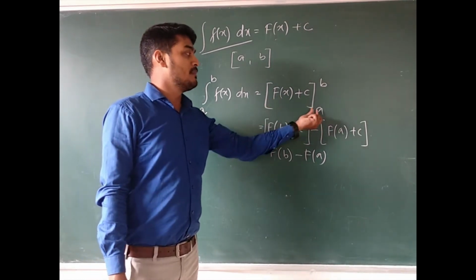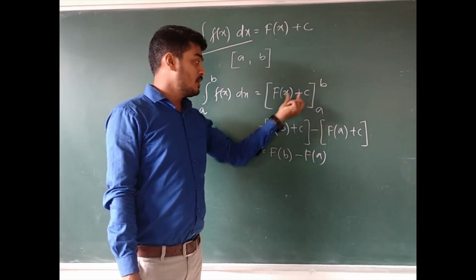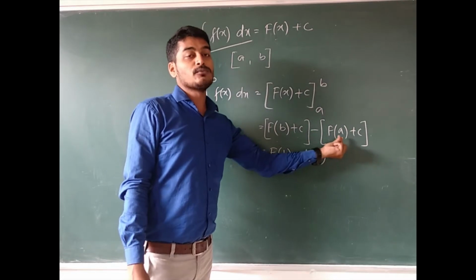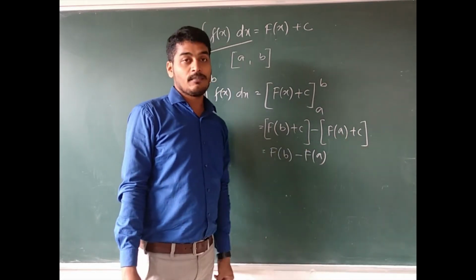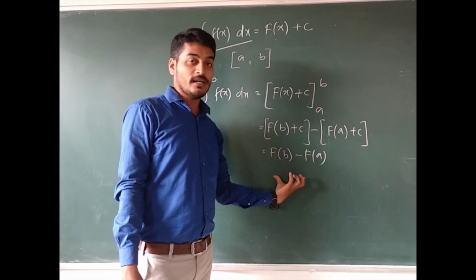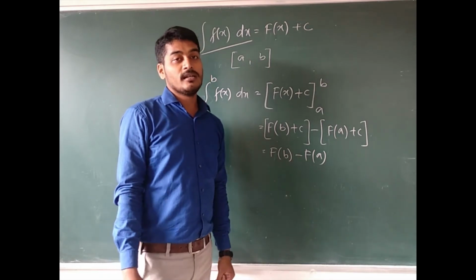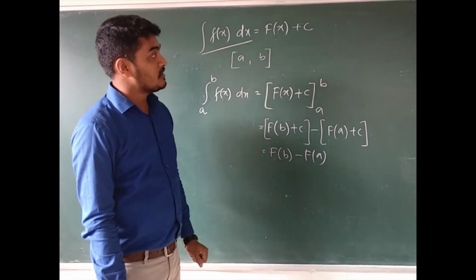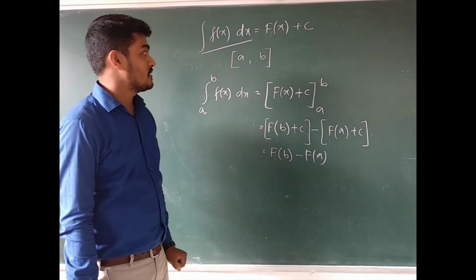Then we have to put the limit a to b. First of all, we will put the upper limit, F of b plus c, then a minus sign, and we put the lower limit, F of a plus c. Then after the simplification, whatever answer you get will be the definite integral of that function. We will consider many different examples for this exercise.